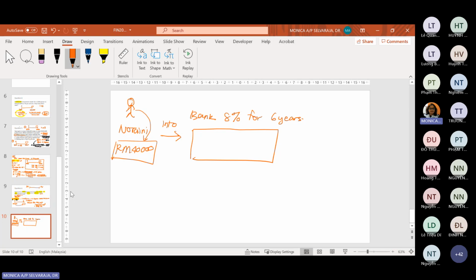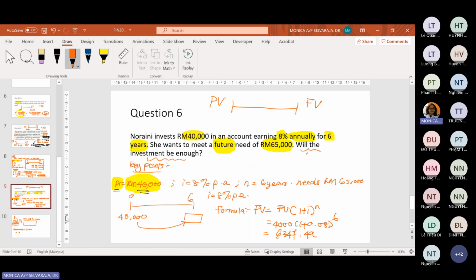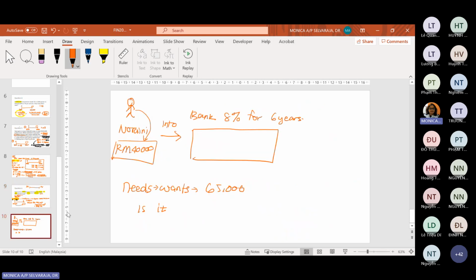Because for Nur Aini, she needs, you know what the meaning of needs is, right? Can you hear me? Yes. Okay, good. She wants or needs 65,000. So is it enough? You see the question?